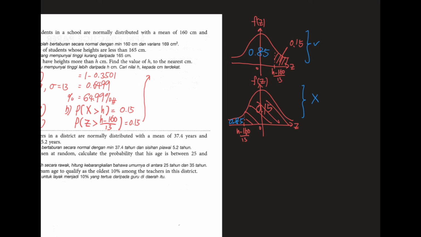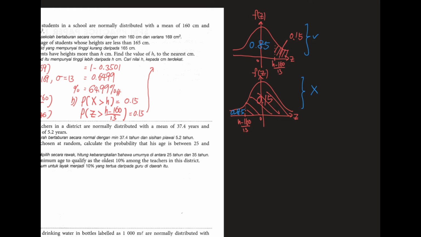From the graph, we can determine. You can draw it out, or you can just imagine it. If you cannot think, you just draw it out and think. If you can imagine, just draw the correct one straight away. So from the graph, we know that our H minus 160 over 13, our fraction, is a positive value.